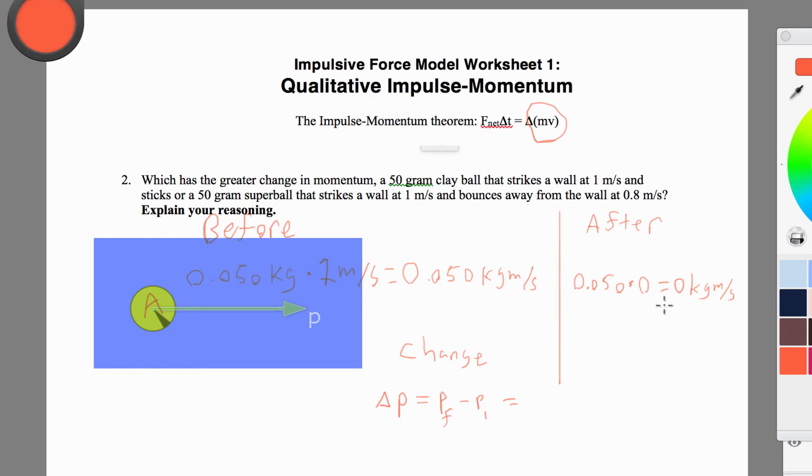Our final momentum was 0 kilogram meters per second, minus our initial momentum, which is 0.050 kilogram meters per second. And 0 minus 0.050 is negative 0.050 kilogram meters per second.